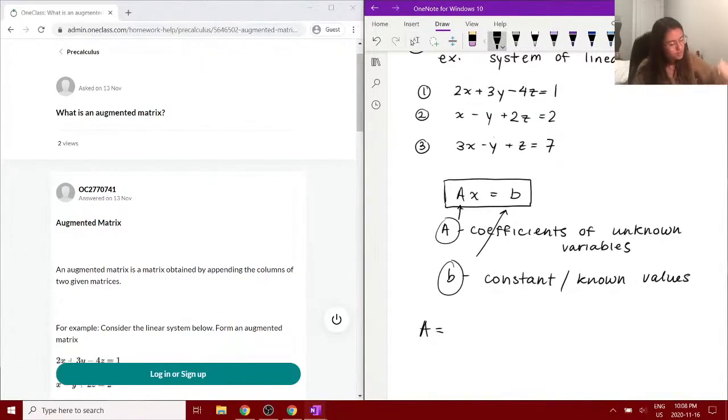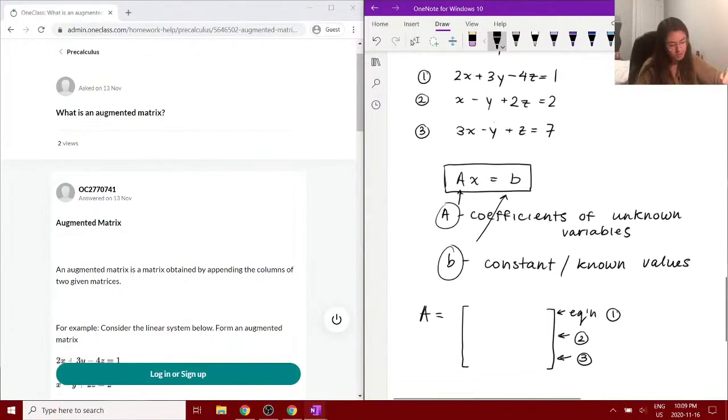So A, like I said, contains the coefficients of the unknown variables, okay? So we typically line it up so that we have equation 1 here, 2 here, and 3 here, and by here I mean each row of this matrix contains those values, and as I said, they are the coefficients of the unknown variables.